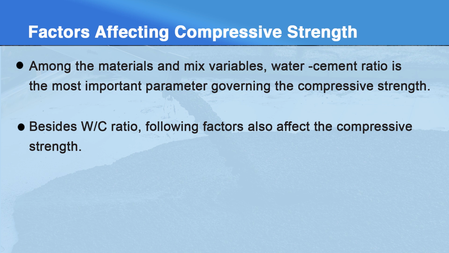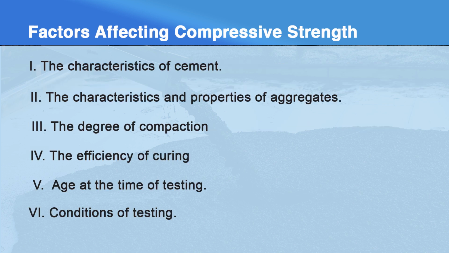Besides water cement ratio, there are a few more factors that affect the concrete strength, like characteristics of the cement, the characteristics and properties of aggregates, degree of compaction, the efficiency of curing, the age at the time of testing and the conditions of testing.